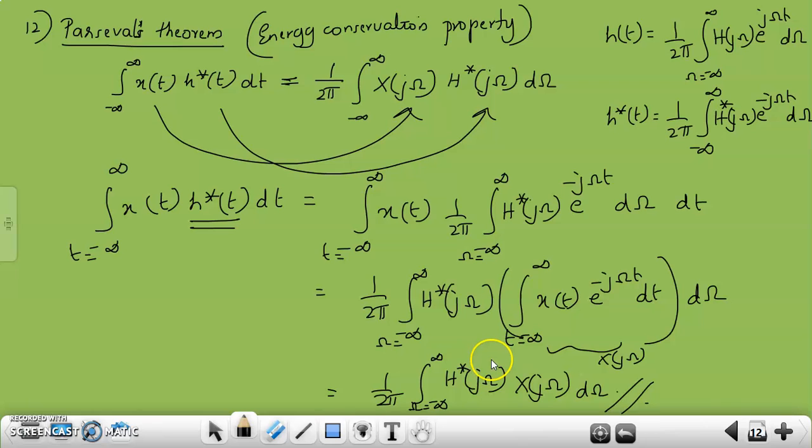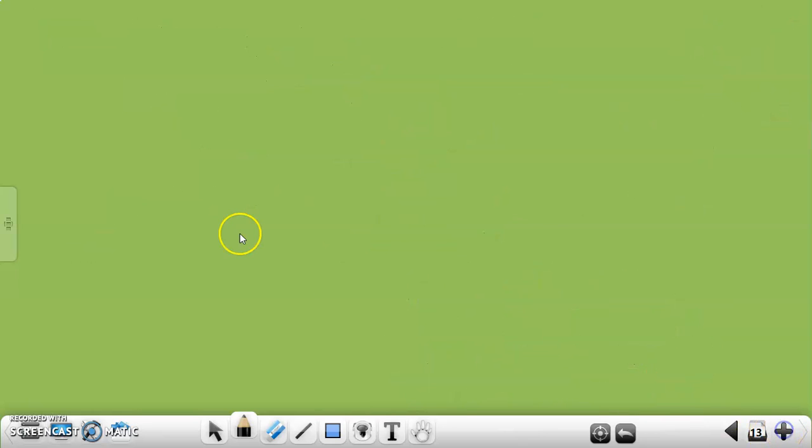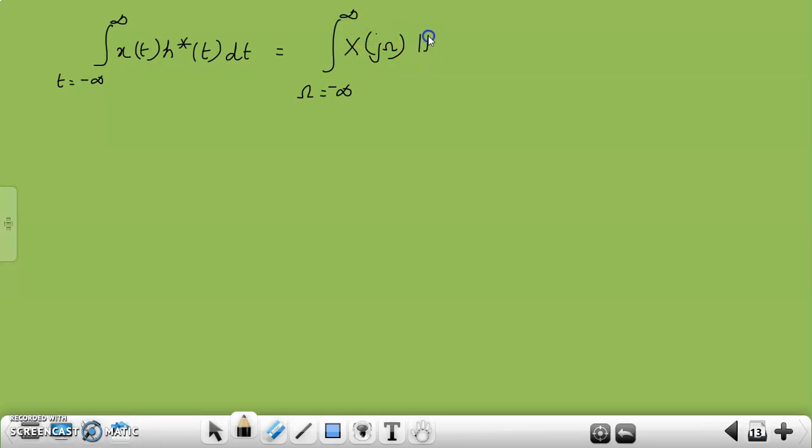Then why it is known as the energy conservation theorem? Here the statement of Parseval's theorem is integral over t from minus infinity to infinity x of t h star of t dt is equal to integral over omega from minus infinity to infinity x of j omega h star of j omega d omega.